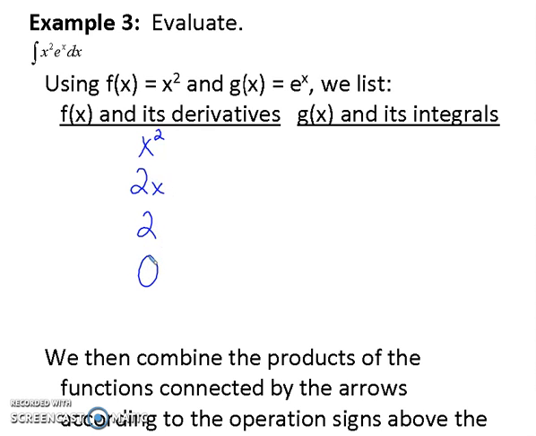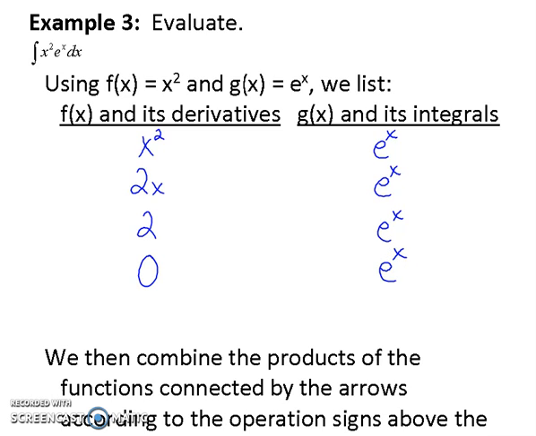You have to do that column first, because in the right-hand column, you're going to integrate the g of x function, and you need to know how many times to integrate it. Well, you're going to integrate as many times as you had to take the derivative on the left. So that would be until we had 4 rows. Luckily, e to the x is easy to integrate.